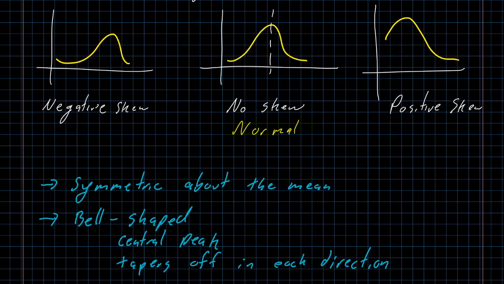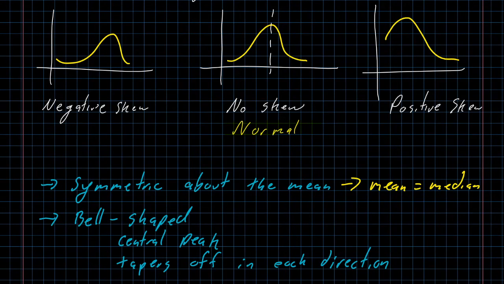Those two ideas combined, because it is symmetric about the mean, force the mean to be equal to the median. Right? There have to be the same number of scores to the left and right of the mean in the distribution in order for it to be symmetric.